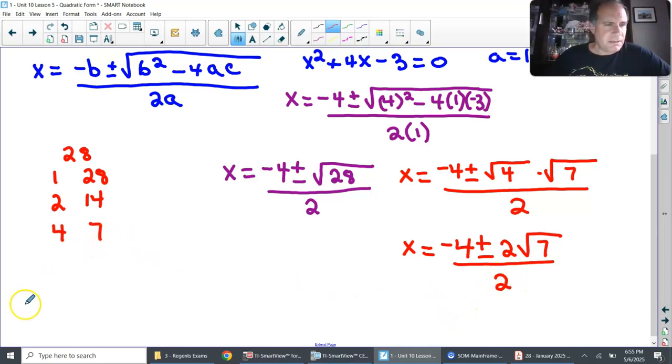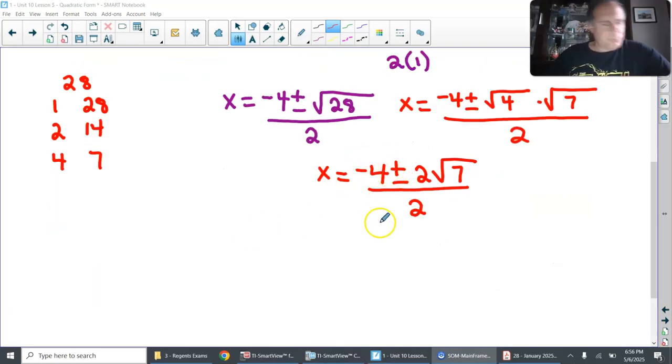All right? So just remember, this is all divided by 2. So negative 4 divided by 2. So we're just going to put this as a final answer. x equals negative 4 divided by 2 is negative 2, sorry.